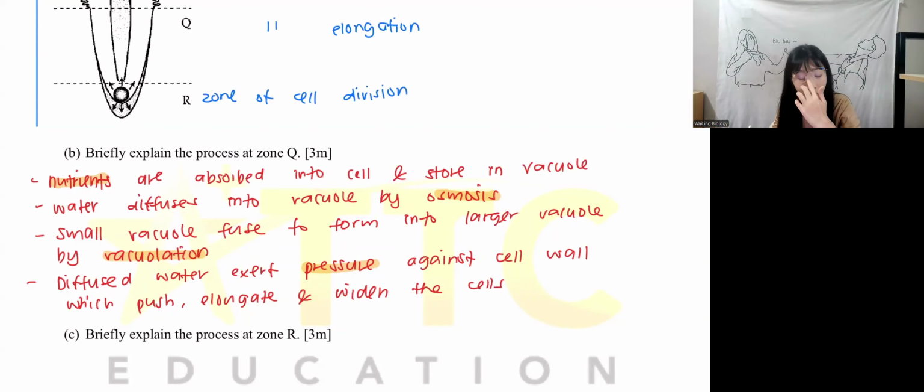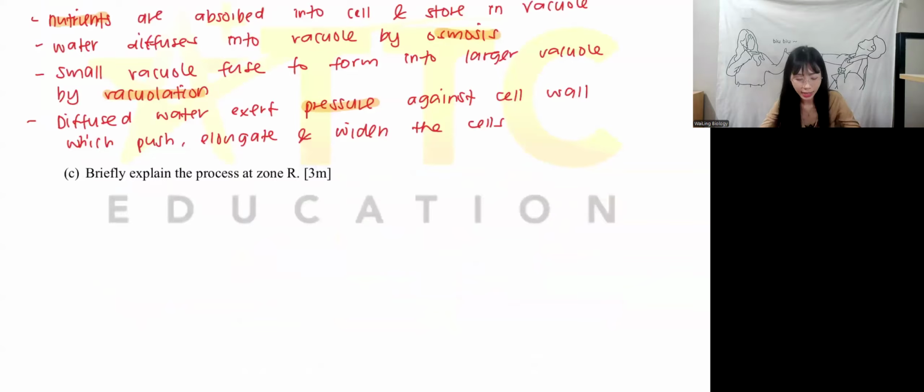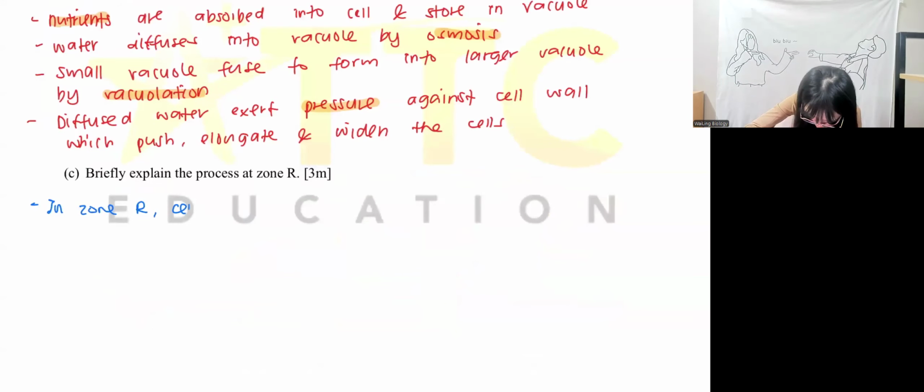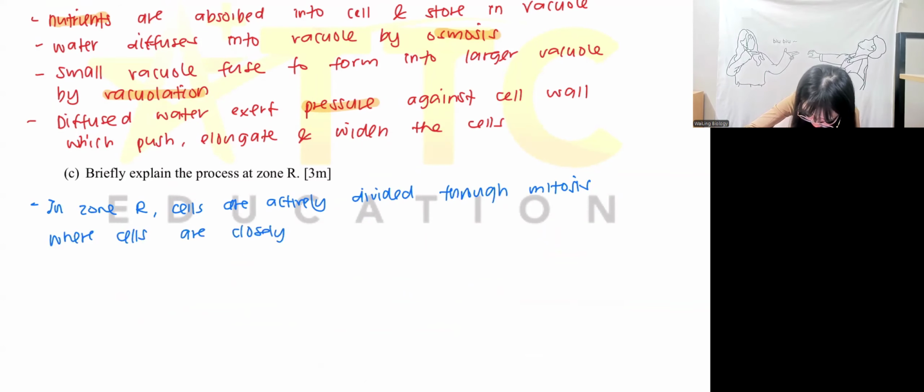The question is 3 marks, means we're going to write at least 3 sentences. The first sentence we're going to write is, in zone R, cells are actively divided through mitosis, where cells are closely arranged.